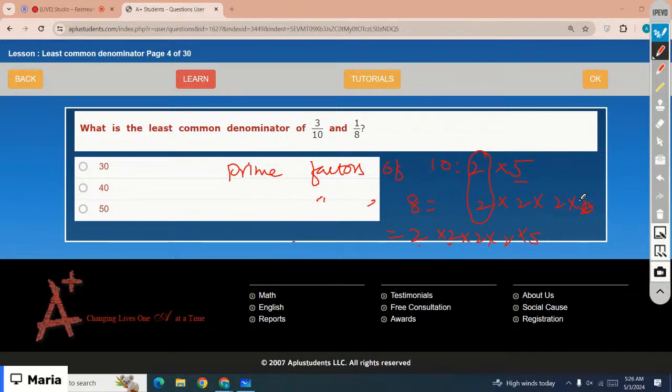Hold on. 2 times 2 times 2 is 8. So I have, okay, 2 times 2 is 4, 4 times 2 is 8, and 8 times 5 is 40. So the correct option is 40.